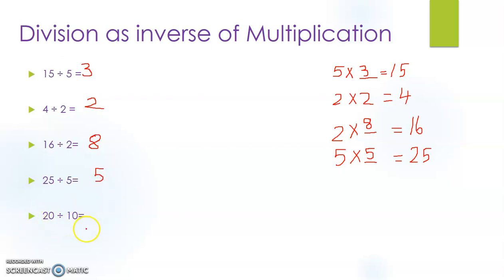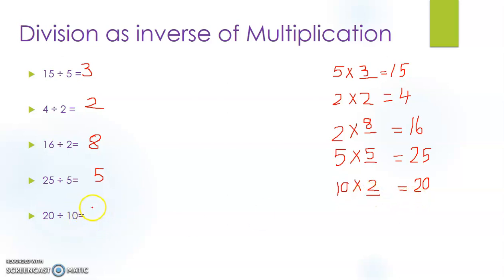Now similarly, 20 divided by 10. Find a number which when multiplied by 10 will give you 20. 10 1s are 10, 10 2s are 20. 10 into 2 is 20.